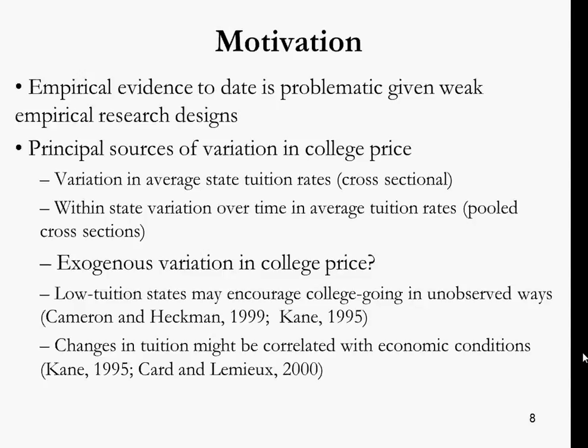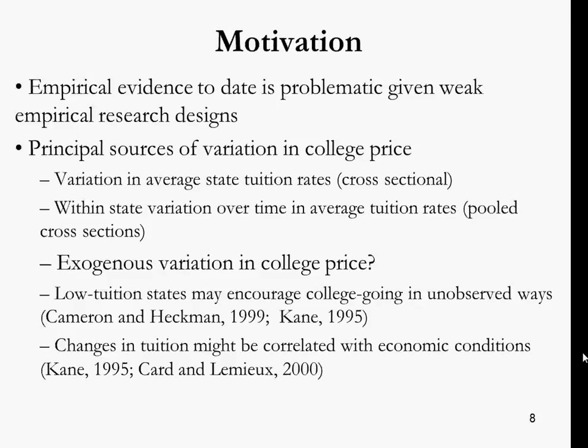This then improved to, instead of just having a single cross-section, having a set of pooled cross-sections and looking at variation within a state over time, i.e., this way you could control for state fixed effects and time effects, so you're really looking at deviations within a state over time to identify the effect.